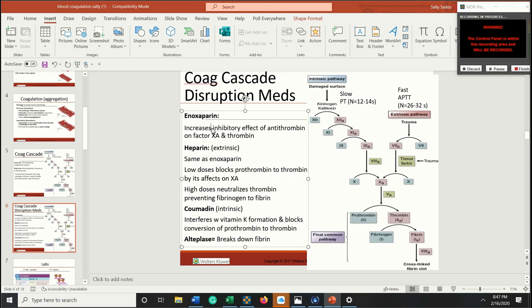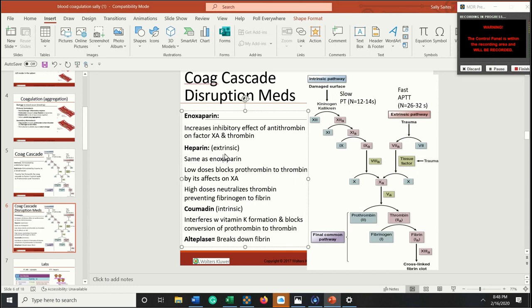So what you'll see in a moment is we have labs that we can help determine clotting times, but with enoxaparin, we don't use labs. It's usually weight-based, and we don't get a real true accurate reading with enoxaparin because it's so low molecular heparin. But when we get to heparin, which is a little bit more concentrated, we do have labs.